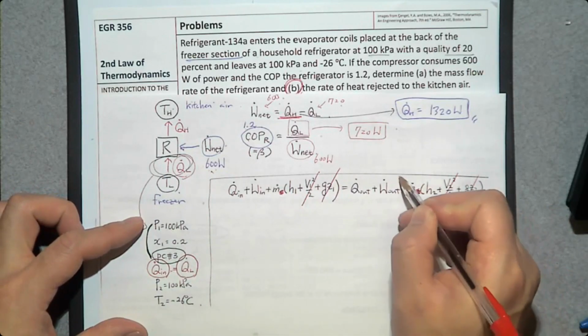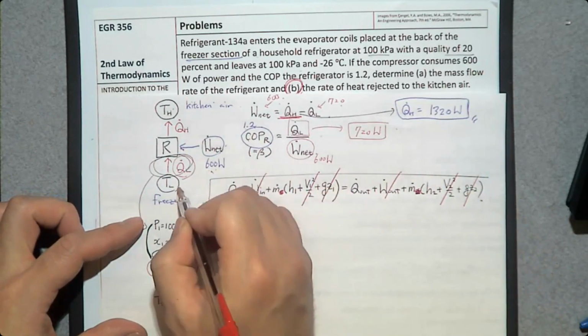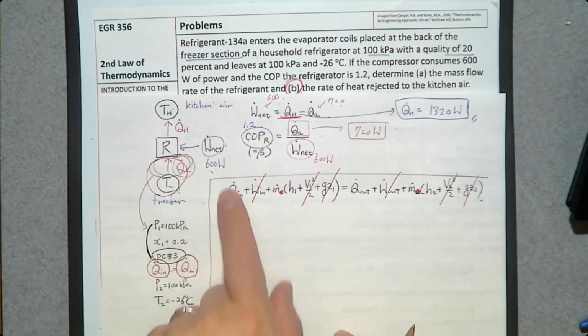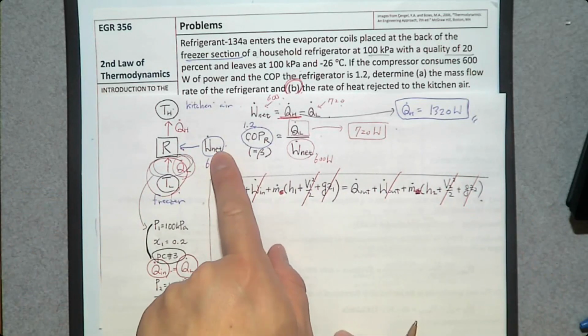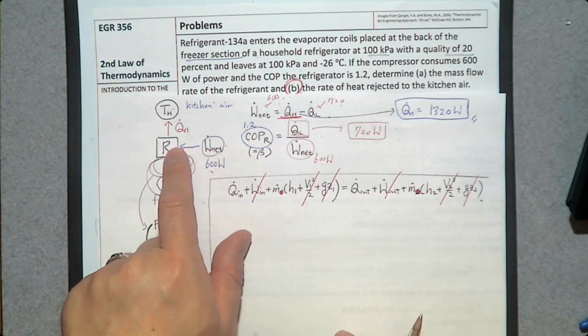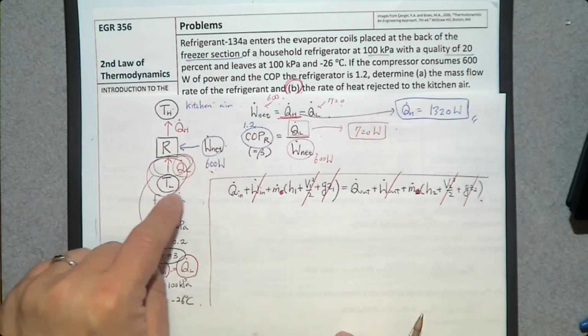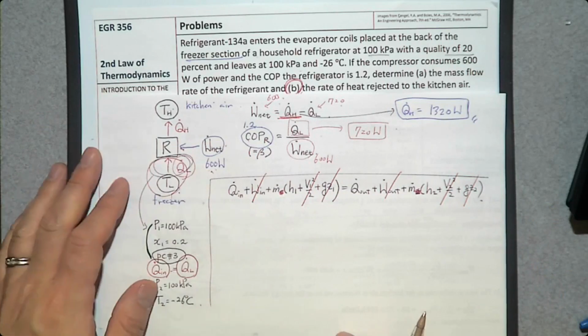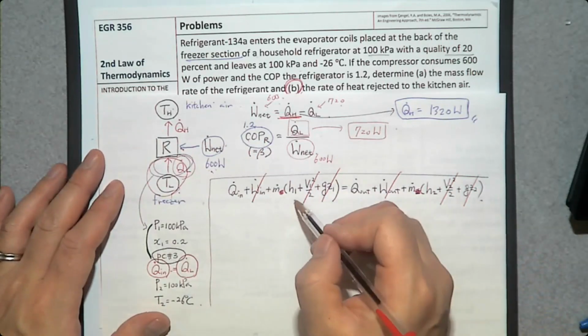And there is no energy transfer by work in the evaporator. This W is work that goes into the compressor of the refrigerant. We are talking about this evaporator. So there is no work.